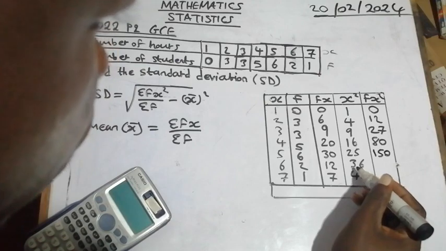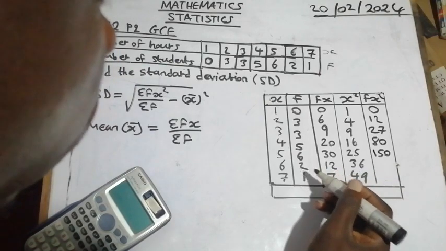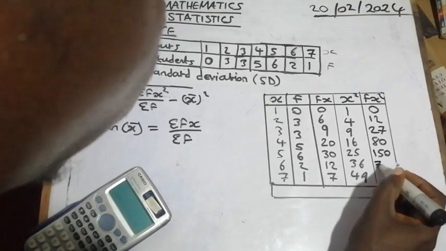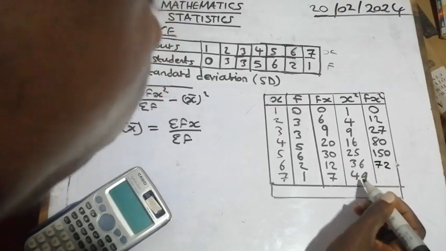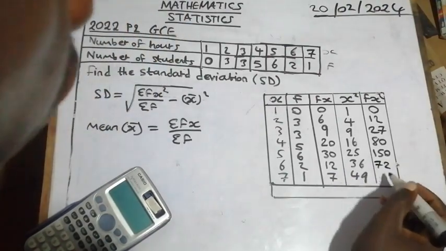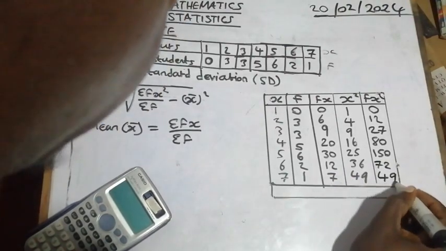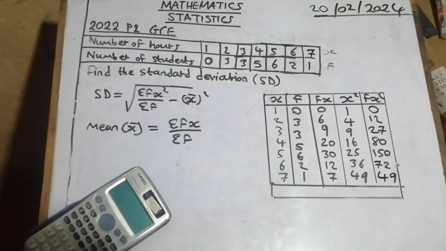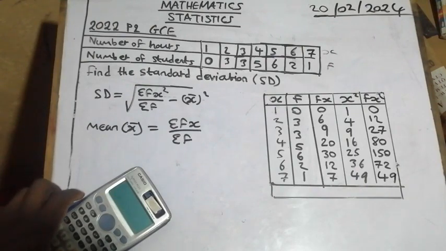Then 36 times 2, we get 72. Then 49 times 1, we get 49. I'm sure there are no challenges on how to fill up the table.